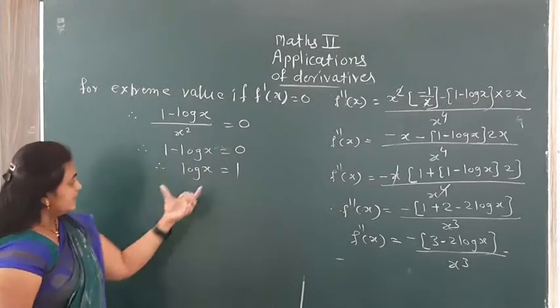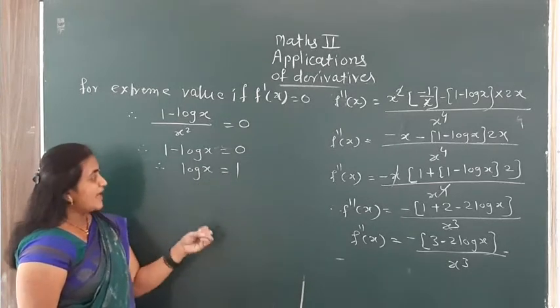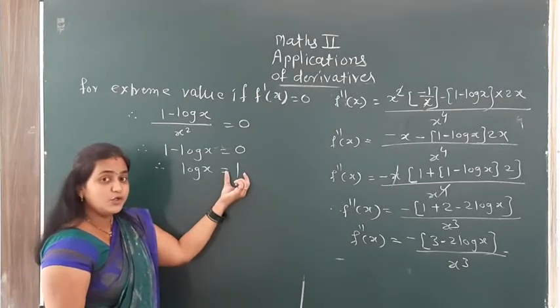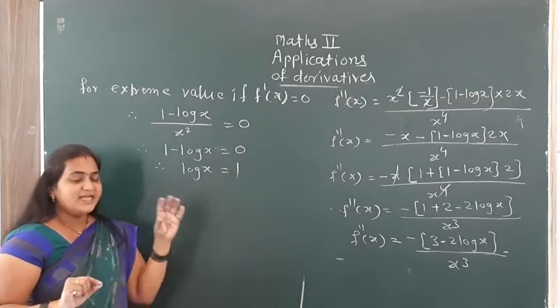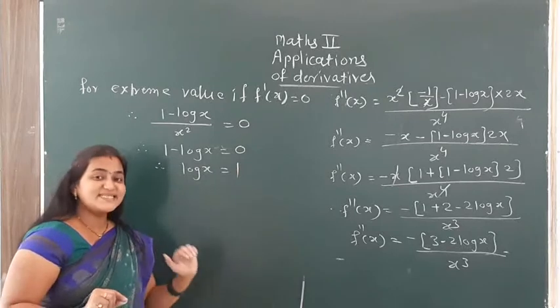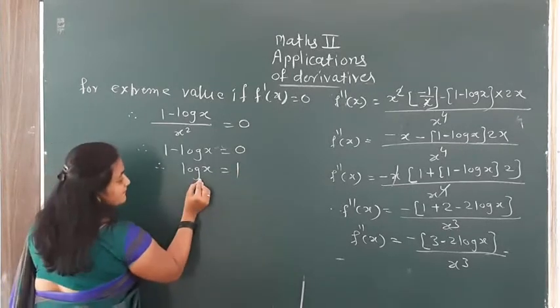Now this side is a log term and this side is a constant term, so your aim is to convert the constant into a log term. How to convert? We know that the log of any number to the same base gives the answer 1. What is the base here?